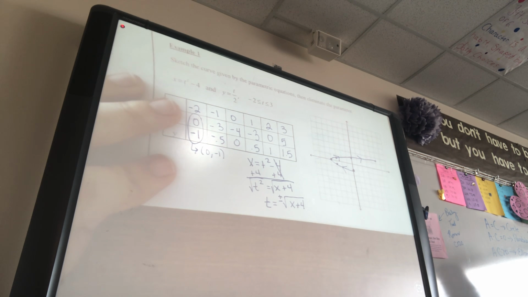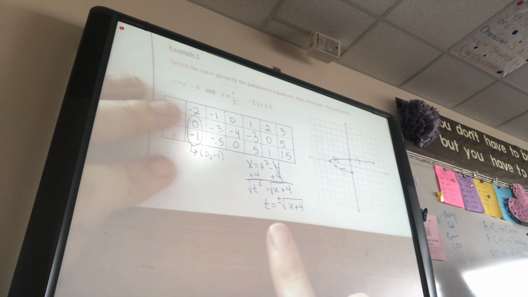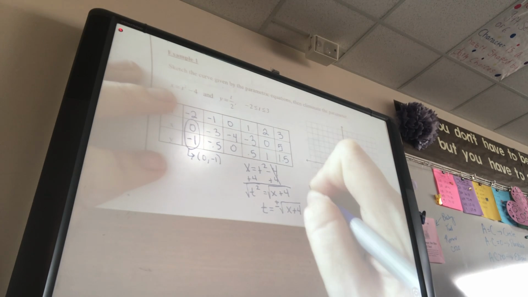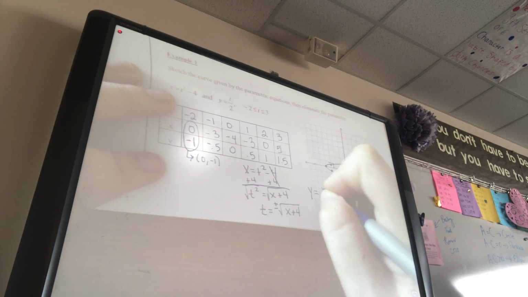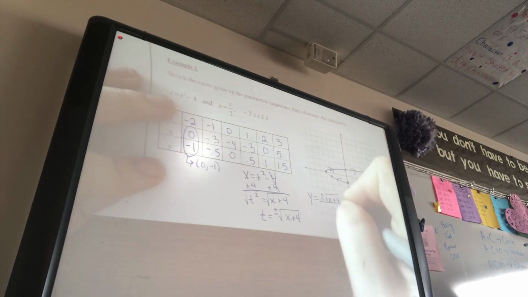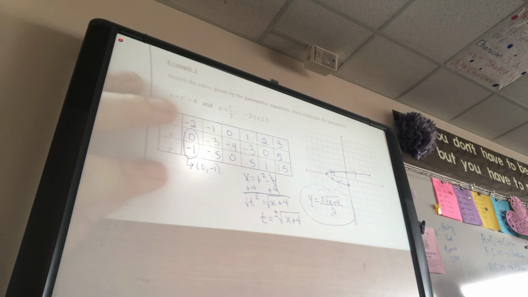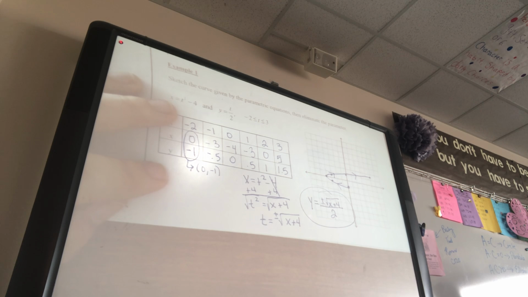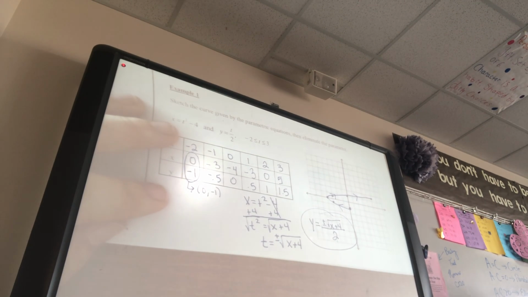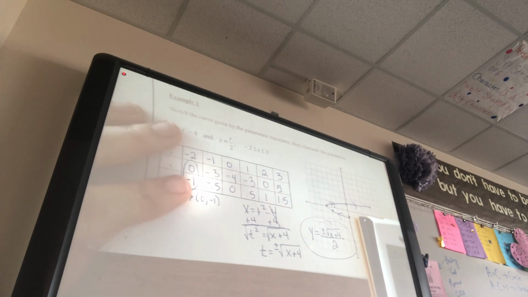We talked about y last time. All right, now that I have t, what do I do with that? Plug it into y. I'm going to plug it into y. So y is t, or plus or minus the root of x plus 4 over 2. Oh, that's the answer? That's your equation, yes. Now we talked about last time why it was so important to have that plus or minus.